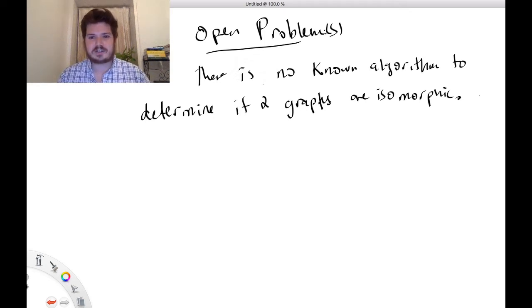It's not enough to show all the ways that it could be false, right? Because that could be endless. But the goal is, is there an algorithm to show that two graphs are isomorphic? So it's still an open problem, and if you figure it out, you probably get a Fields Medal.